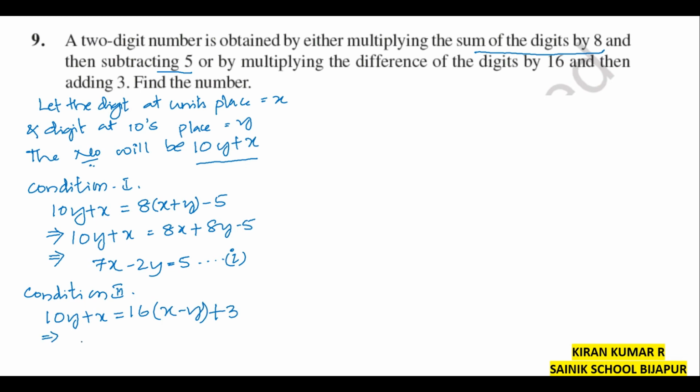We will be getting 15x minus 26y equal to minus 3. These are the two equations obtained. Let me write those equations separately, one below the other. So first equation is 7x minus 2y equal to 5, and the second equation is 15x minus 26y equal to minus 3.